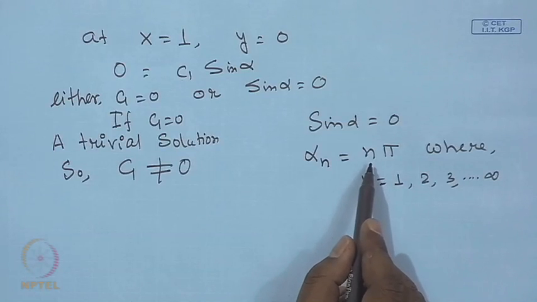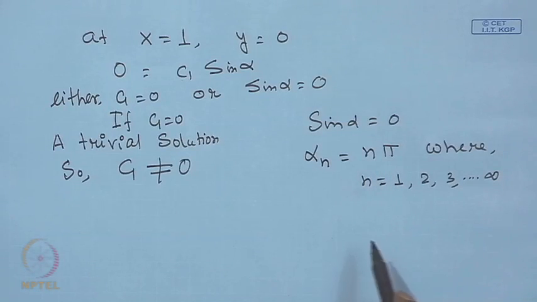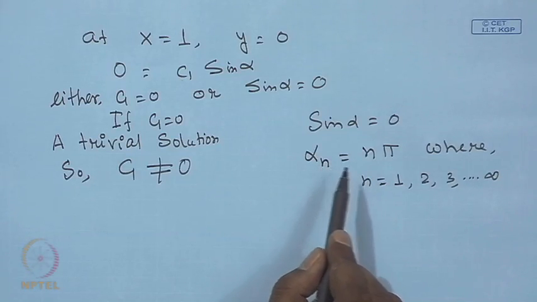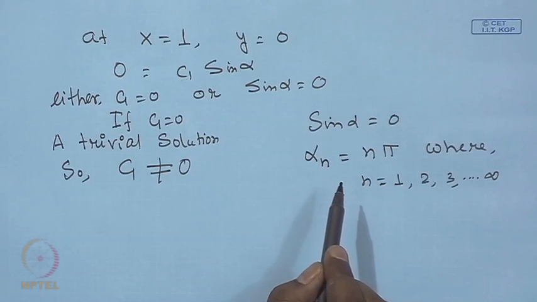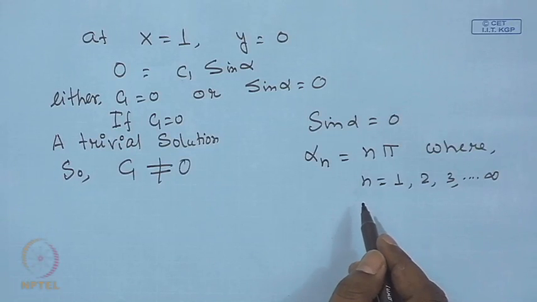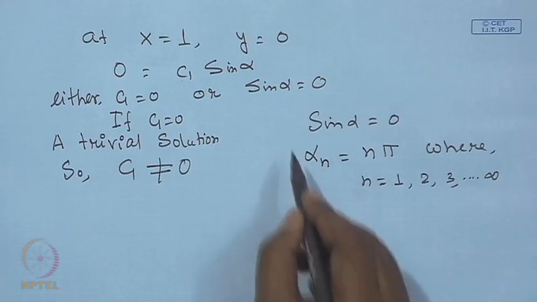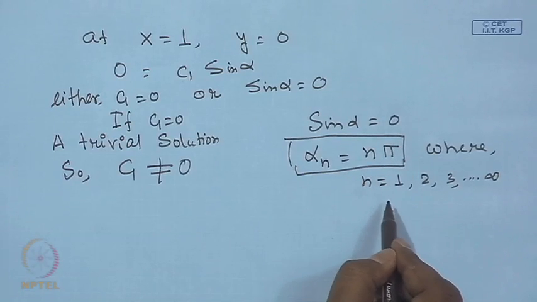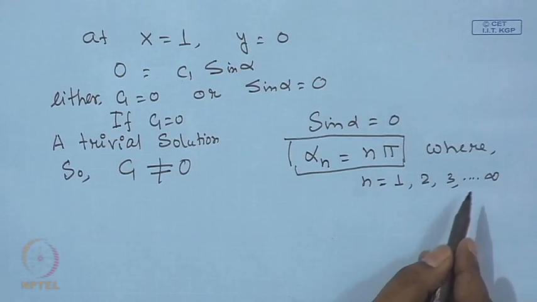Now, n is equal to 0 is ruled out, because if we put n is equal to 0, then alpha will be equal to 0. If alpha is equal to 0, then again we are going to get a trivial solution. So, for a non-trivial solution, alpha n is equal to n pi, where the index n runs from 1 to infinity.